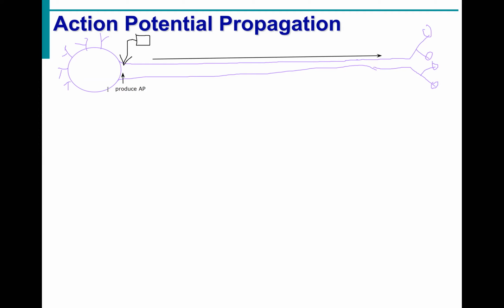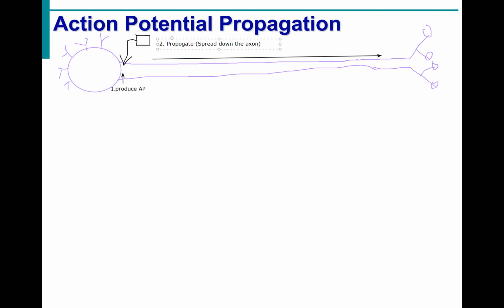So number 1, we needed to produce our action potential. Now number 2, we need to propagate. And again, I keep using the word propagate because, quite frankly, it's the correct word, but it's just a fancy word for saying spread down the axon. Now, we could, of course, do this passively, like a wave in a pool.